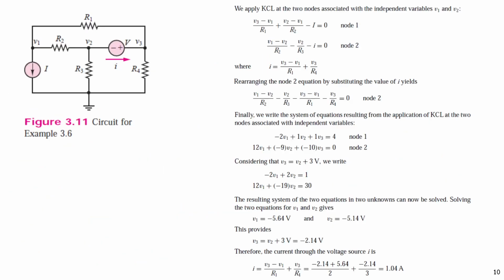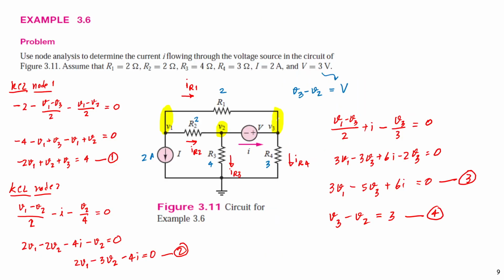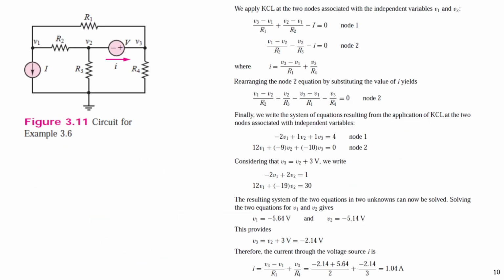So there are many ways to solve. I suggest you solve by yourself and check with the solution. You can do it a different way, but finally you come to the same value, the same answer.